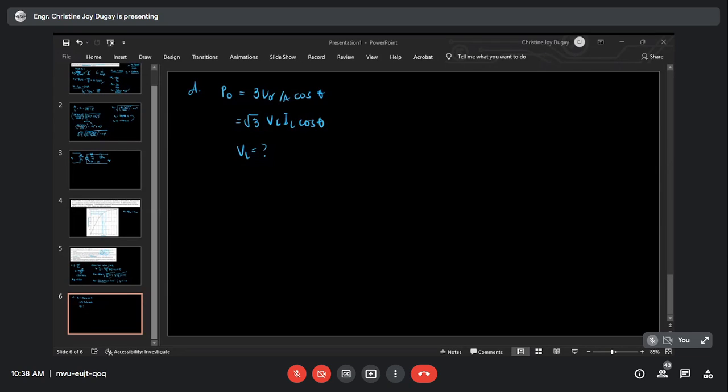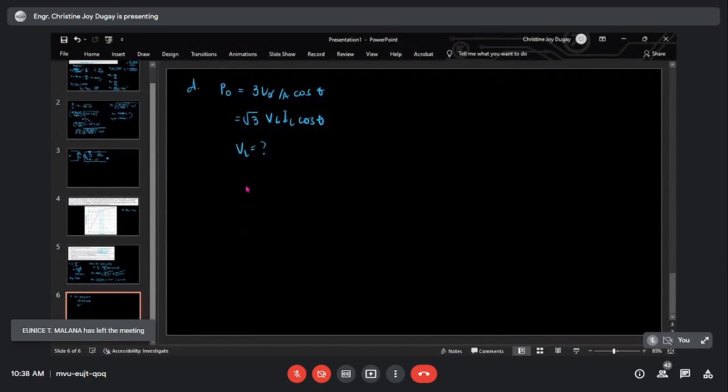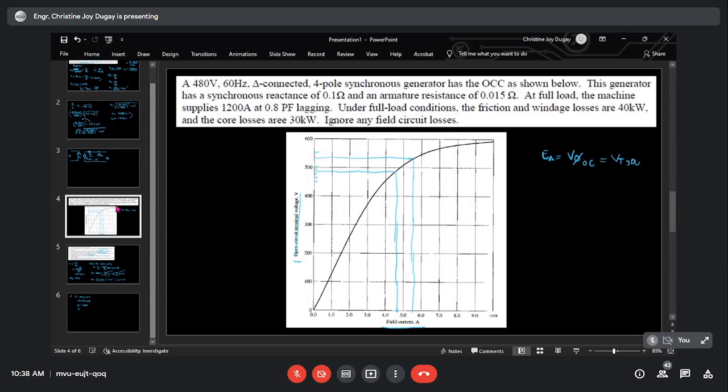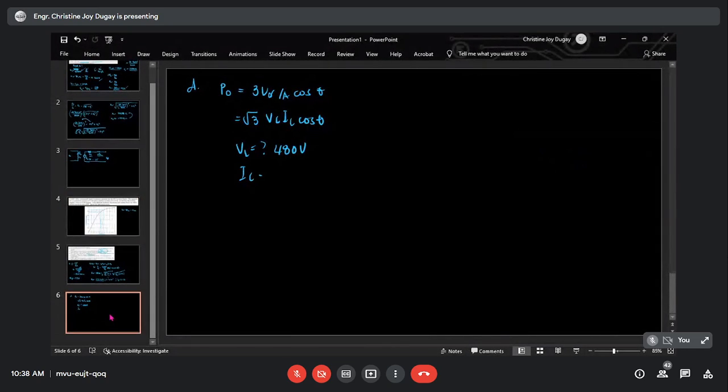Ang terminal voltage natin is 480 volts. How about the I line? Ayan, 1,200. How about the power factor or cosine theta? Binigay din, that is 0.8.